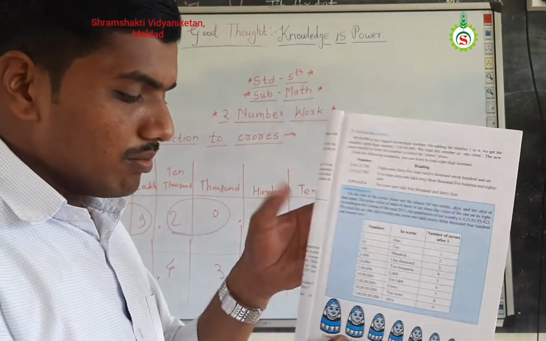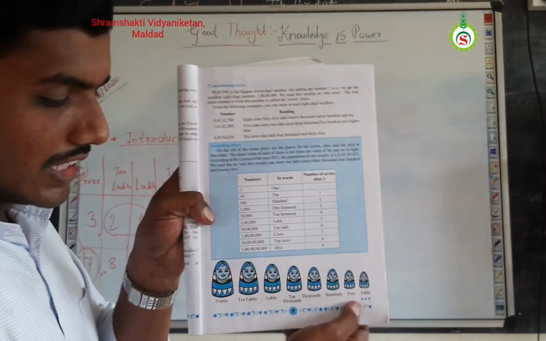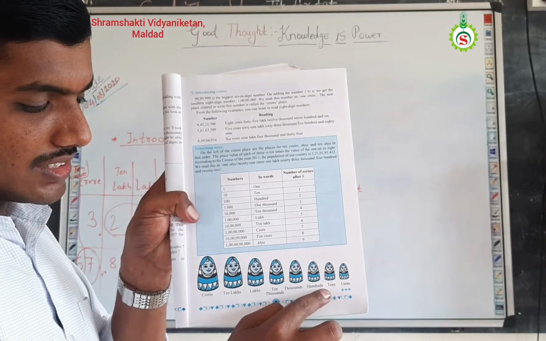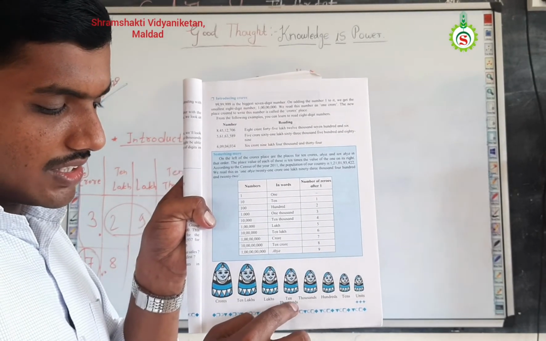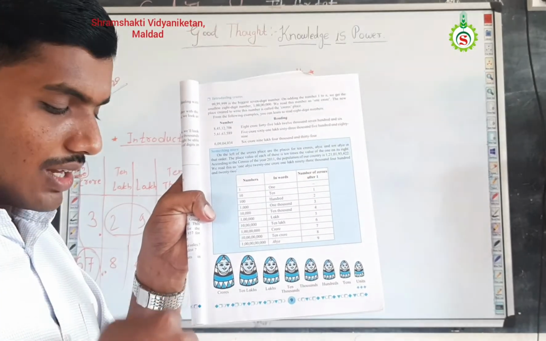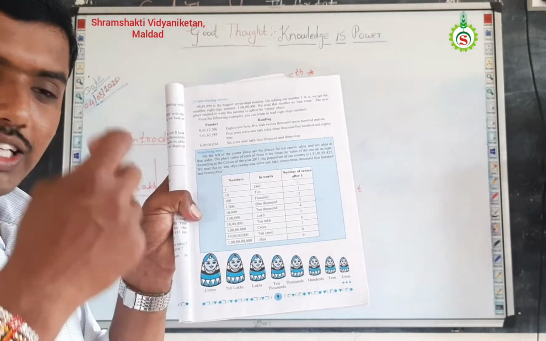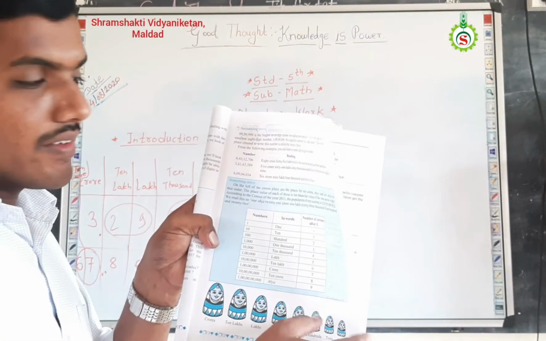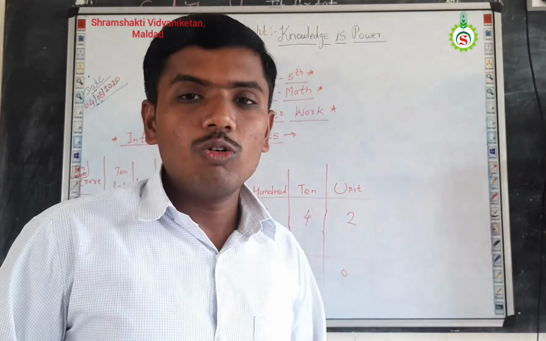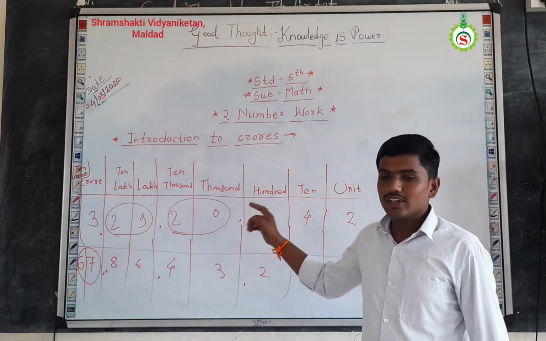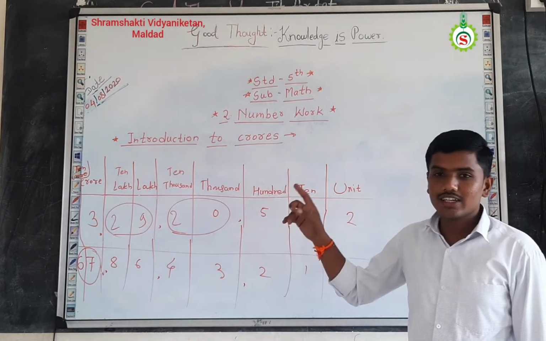And below that they have given the digits like that. Unit, after the unit there will be the tens, hundred, thousand, ten thousand, lakh, ten lakh, crores. After the crores there will be the ten crores, and after the ten crores there will be the arab. If you know the digits of all the places, then you can read the given numbers.